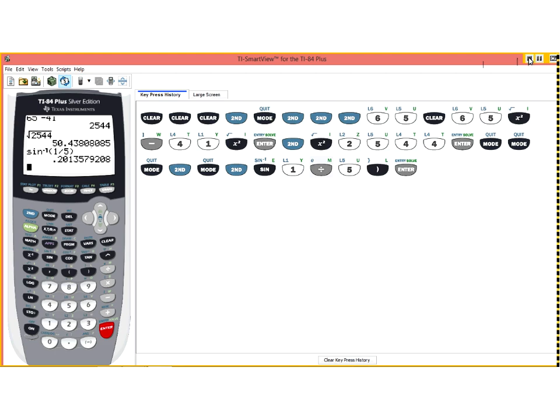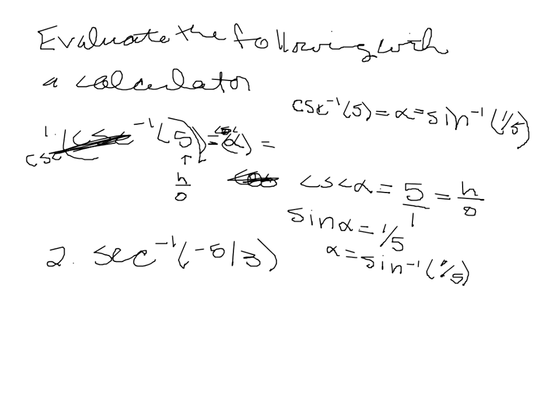So that's the answer, 0.2014, and that's in radians. So it's an angle measure in radians. If your calculator is set in degrees, then it's going to be in degrees.